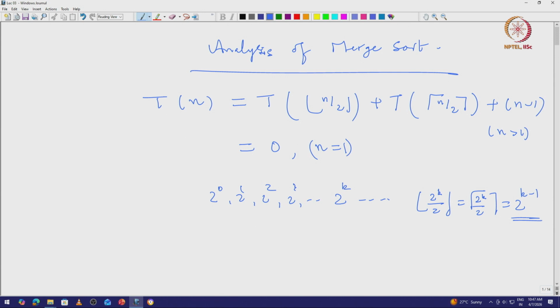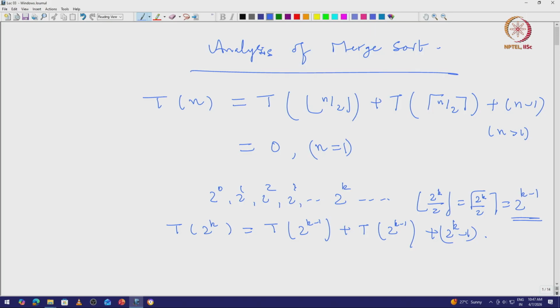It is of the same form as 2 power k. Therefore, I will be able to write something like that: T of 2 power k equals T of 2 power k minus 1 plus T of 2 power k minus 1 plus 2 power k minus 1.